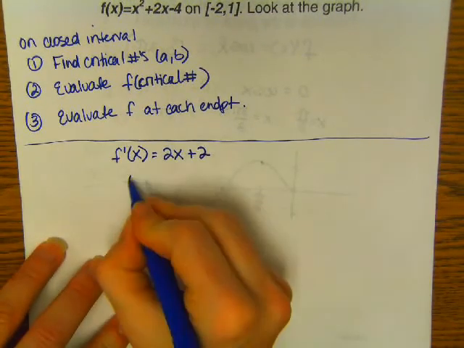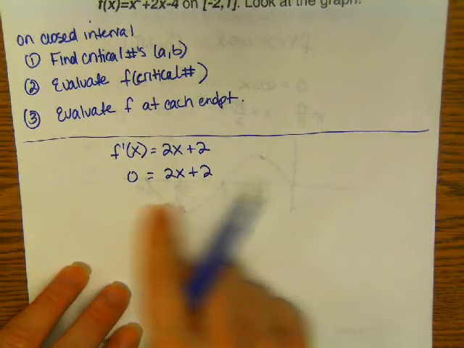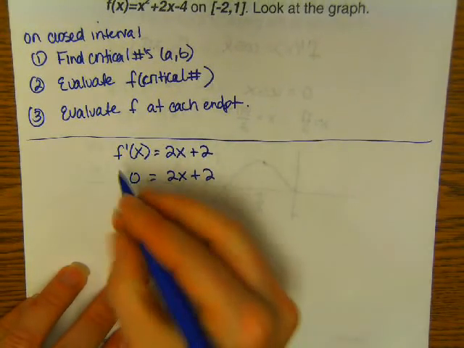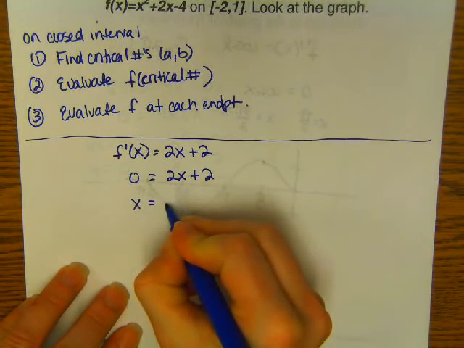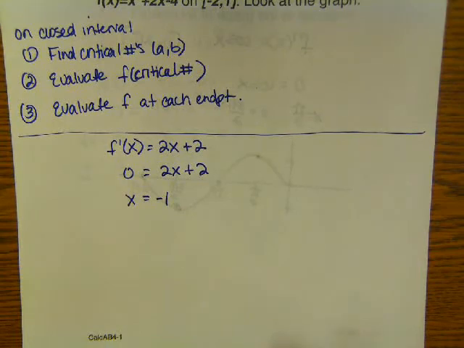If I move this around, or you can just obviously see it, the critical number here is at x equals -1. I think I did that right, 2x plus 2, right? Alright, so then x equals -1 is my critical number.